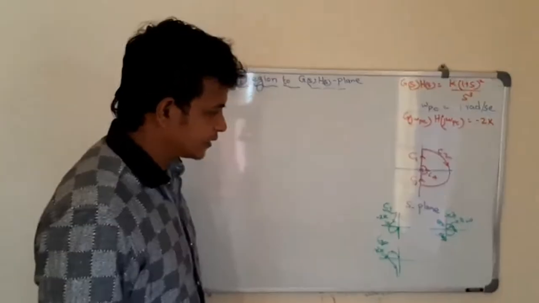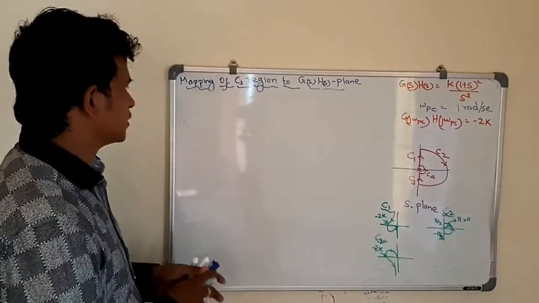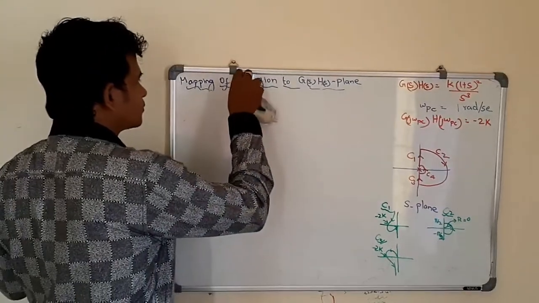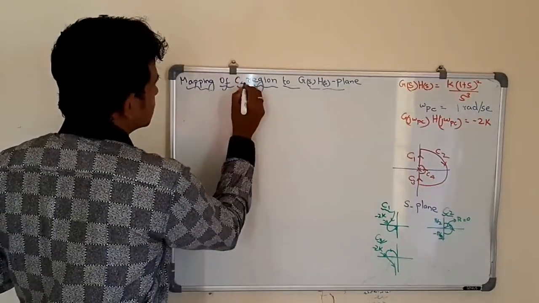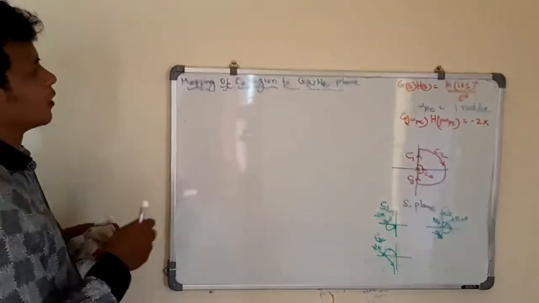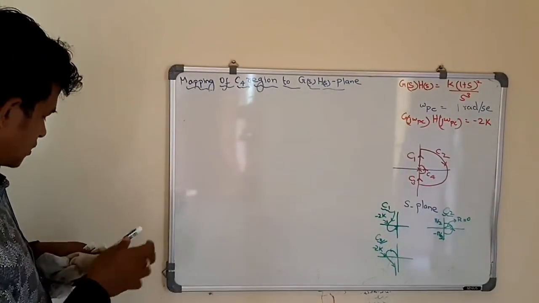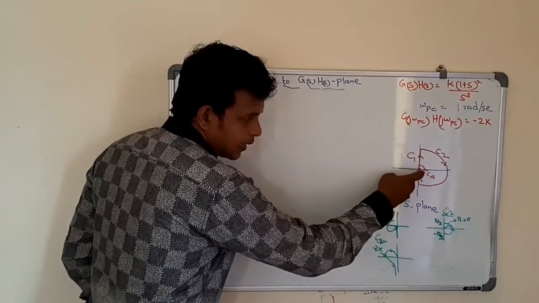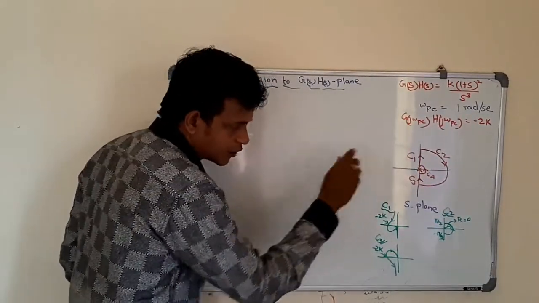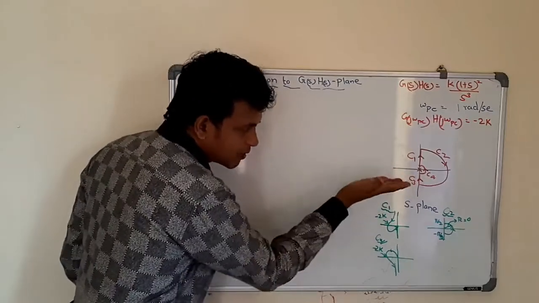Now for the C4 region, we are going to do the mapping. The C4 region is an arc, and the radius of the arc is 0, and it varies from minus pi by 2 to plus pi by 2.